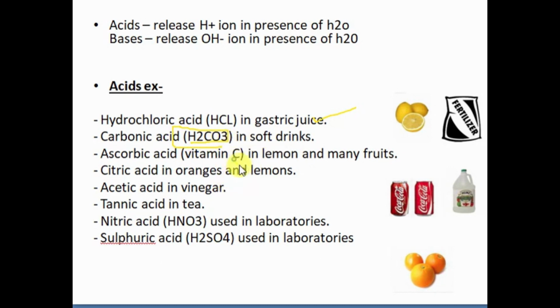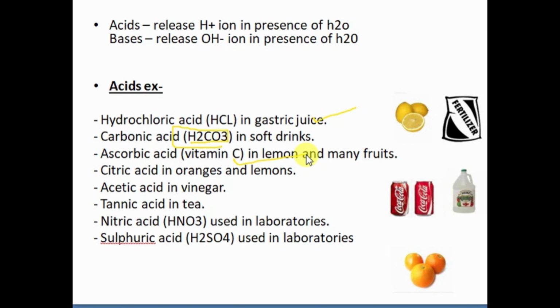And vitamin C, that is lemon juice. It has vitamin C, or you can say ascorbic acid. So lemon juice is acidic in nature. So many a times you must have heard that acidity ho rahi hai, so someone will suggest you to have lemon juice, but that is not the right way. When you have acidity, having lemon juice is not right, because lemon juice is also acidic in nature, and it will not neutralize your acidity.